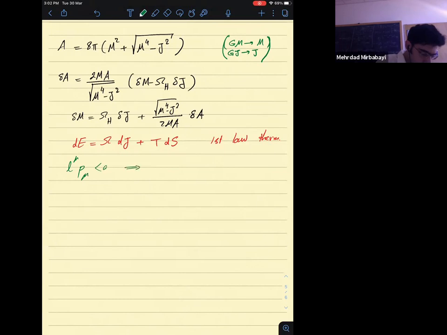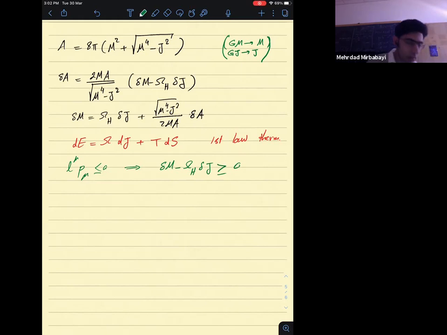This P mu will be added to the energy and angular momentum of our black hole. The consequence of this product being negative, which we derived above, was that delta M minus omega H delta J has to be non-positive, and this has to be non-negative.